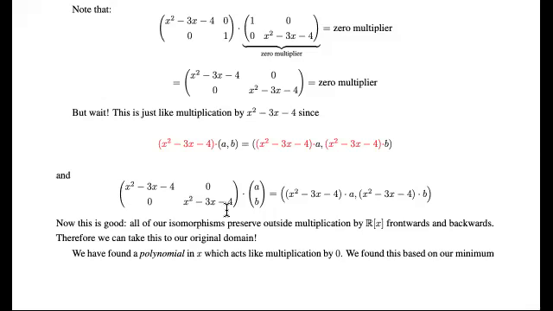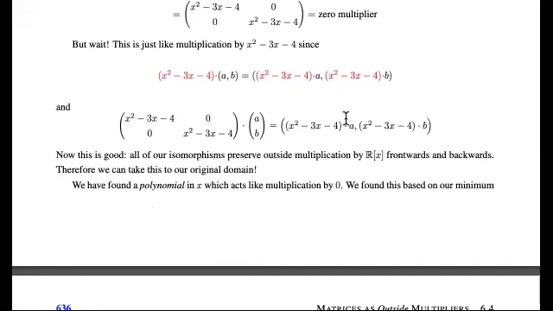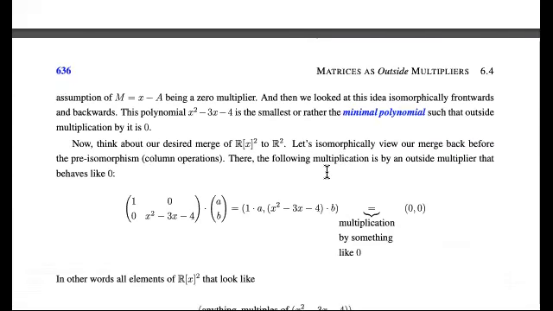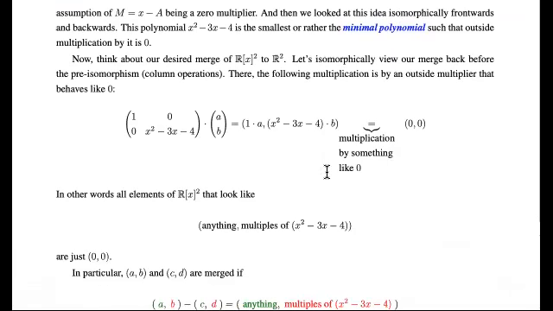So in other words, this multiplies by this, forwards and backwards. So we have our minimal polynomial, right? And let's think about our desired merge. We want to take this and figure out how, in performing this particular merge, that actually makes us turn into this vector space right here of dimension 2.